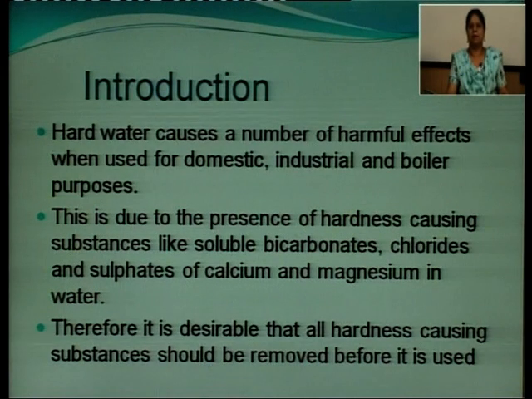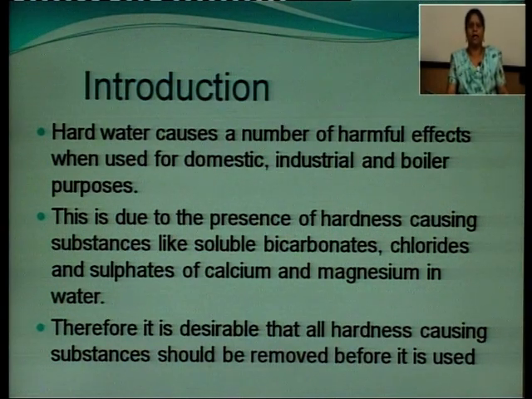If we want to say what is softening of hard water, then we can define softening of hard water as the process to remove hardness causing ions from water.